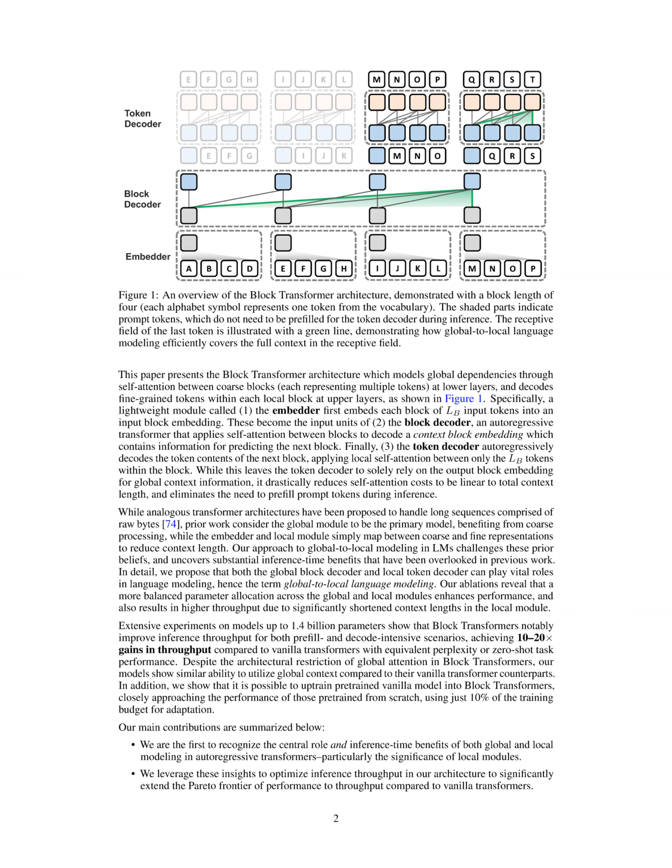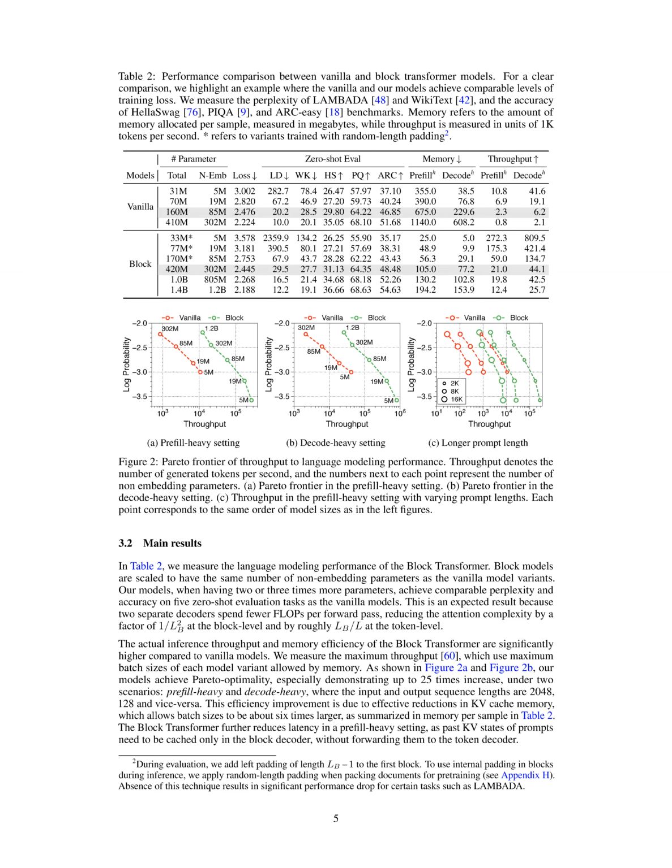The block transformer model achieved significant results in terms of inference throughput and memory efficiency compared to vanilla transformers. Specifically, the block transformer model demonstrated up to 25 times increase in throughput under prefill-heavy and decode-heavy scenarios, where input and output sequence lengths were 2048 and 128 respectively.